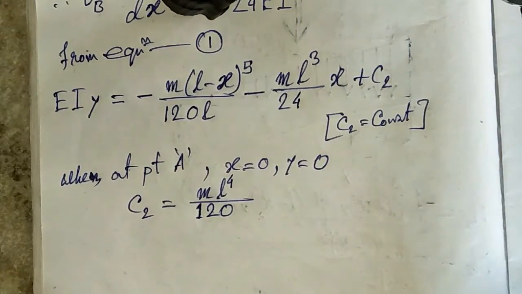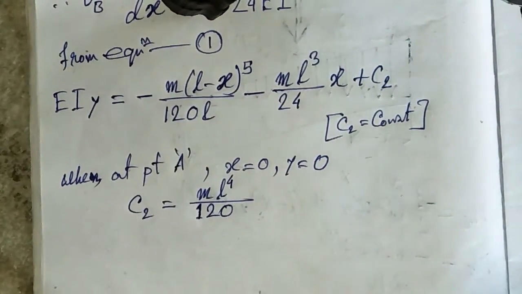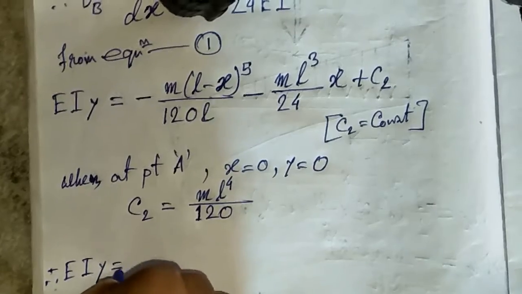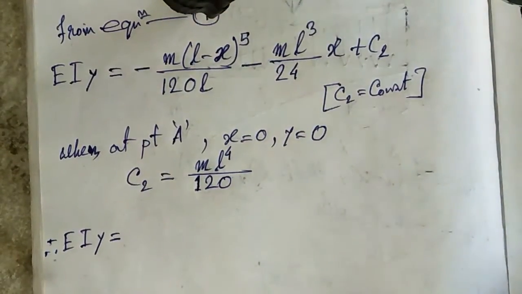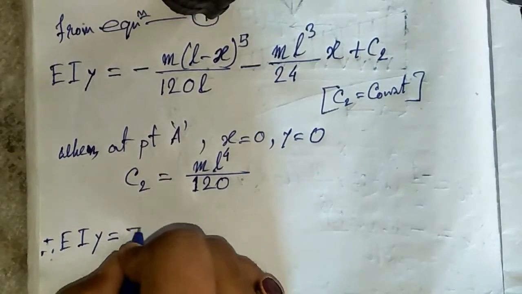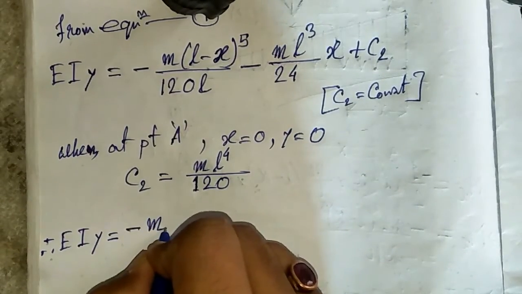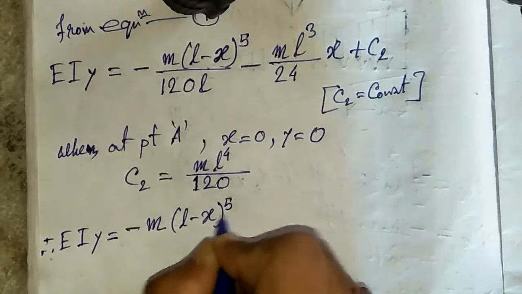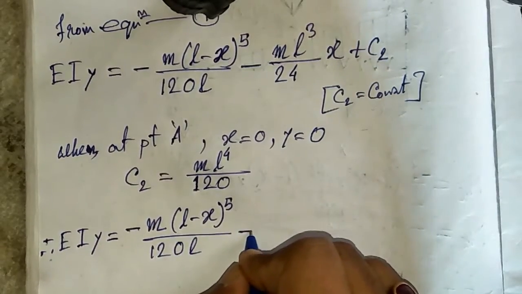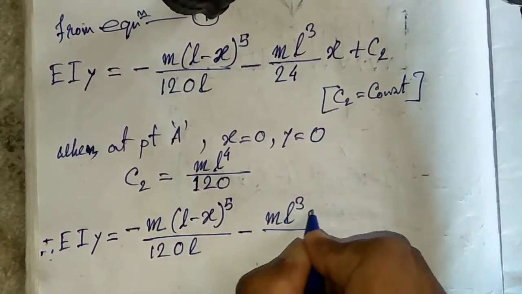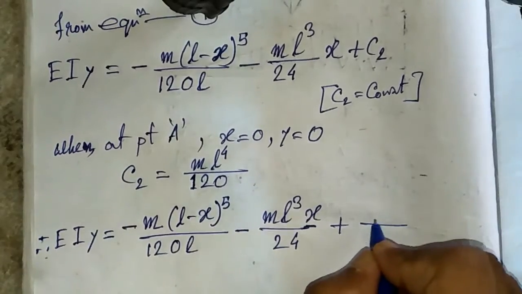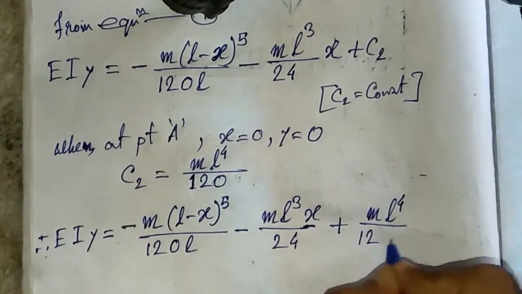Now by substituting the value of C2 into the above equation, we get EI into y equals minus M (L minus x) to the power 5 by 120L minus ML cubed into x by 24 plus ML to the power 4 by 120.